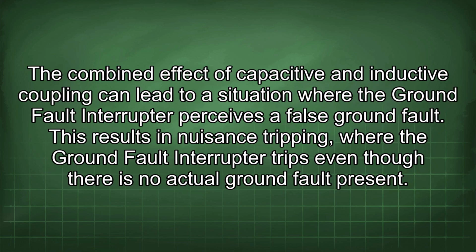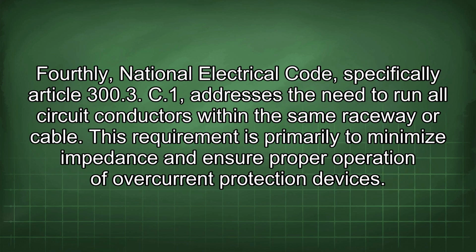The combined effect of capacitive and inductive coupling can lead to a situation where the ground fault interrupter perceives a false ground fault. This results in nuisance tripping, where the ground fault interrupter trips even though there is no actual ground fault present.